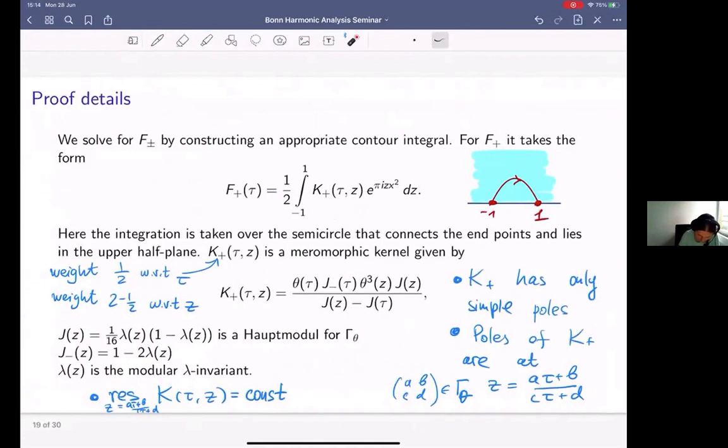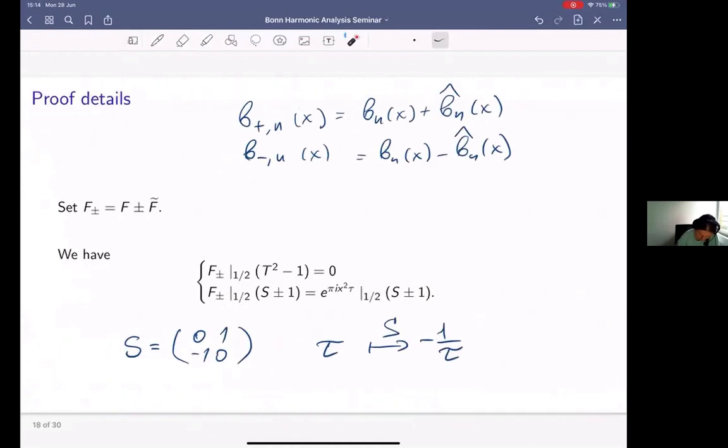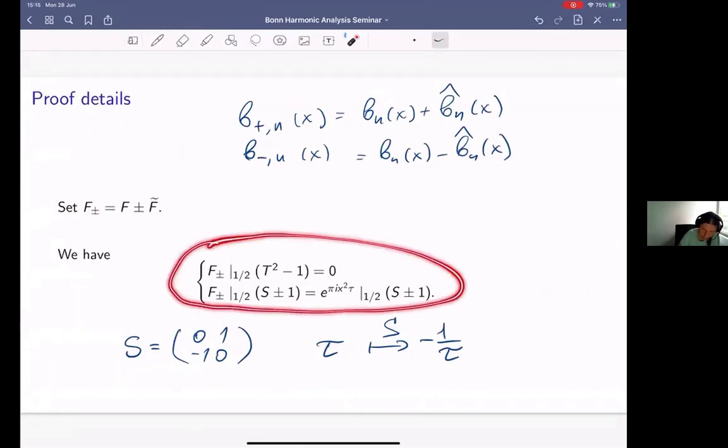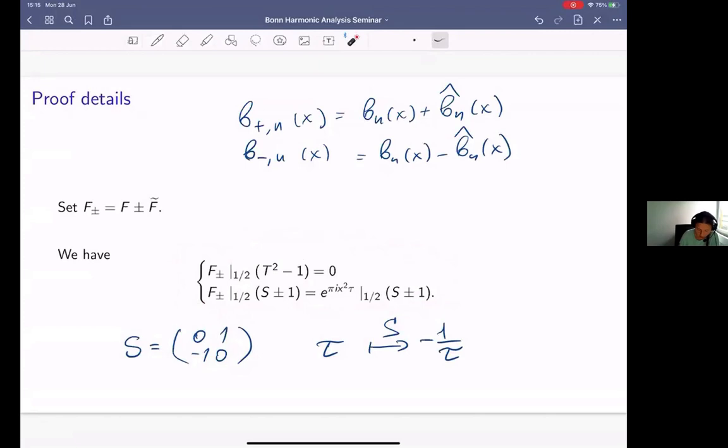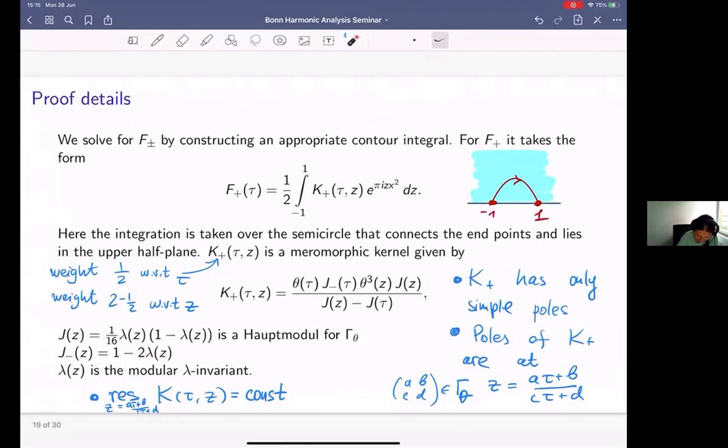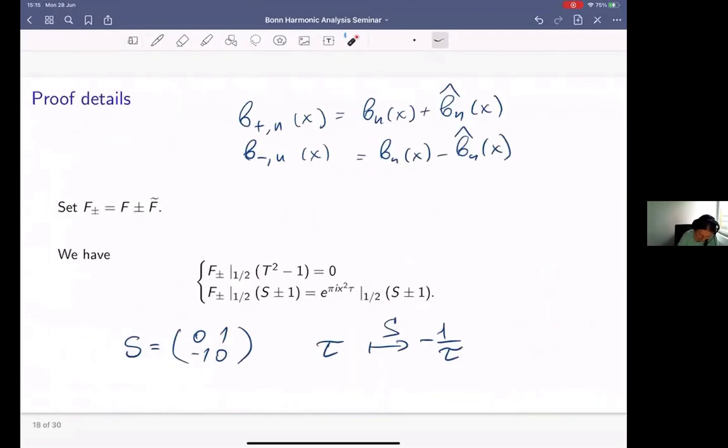So the idea is that we want to solve this kind of functional equation. And this function is sometimes also called the reproducing kernel or Kirillov kernel.